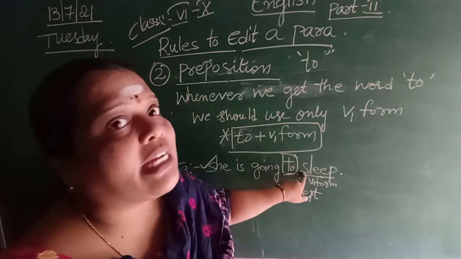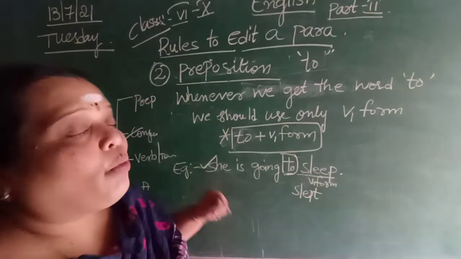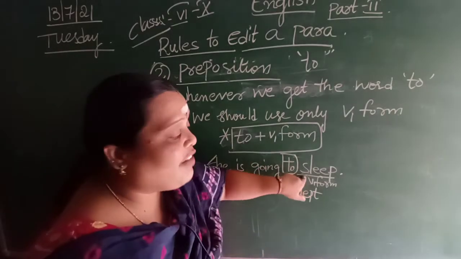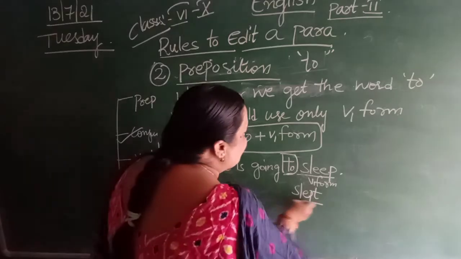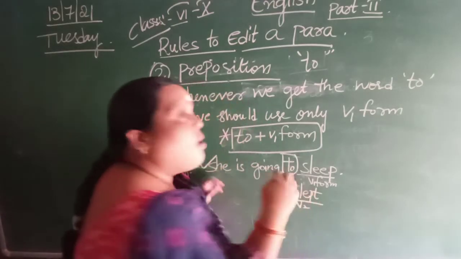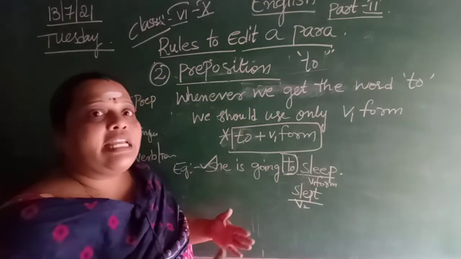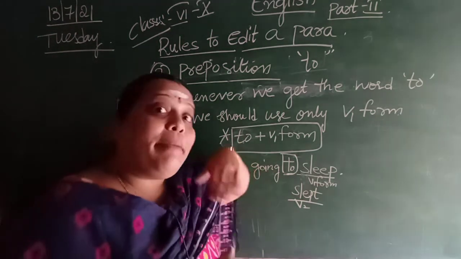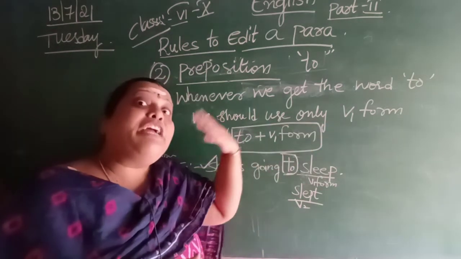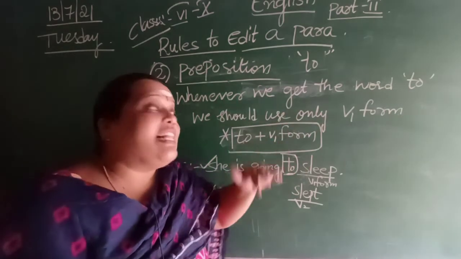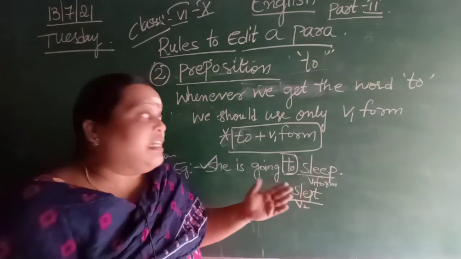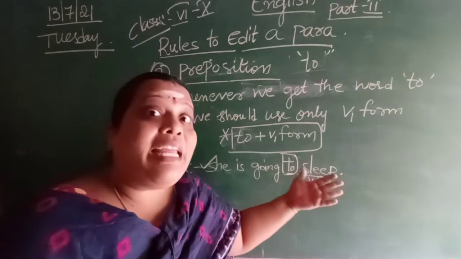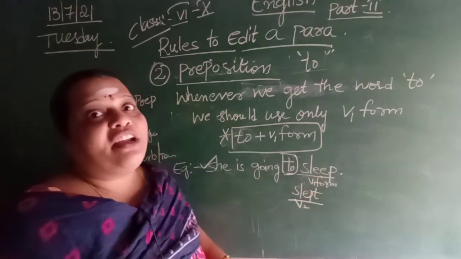This is 100% correct. But in the exam, instead of giving V1 form, there is a chance of giving V2 form or V3 form, like V4 or V5. She is going to sleeping: the ing form we are using there is V4 form. She is going to slept: V2 form.